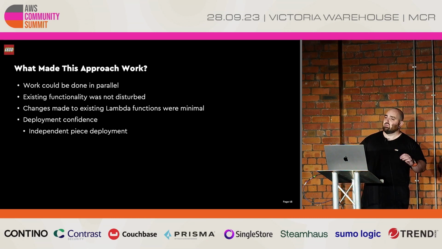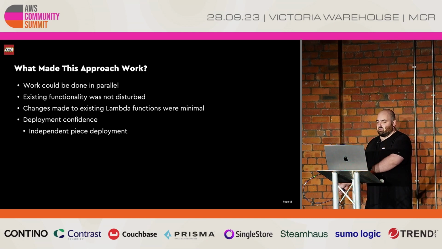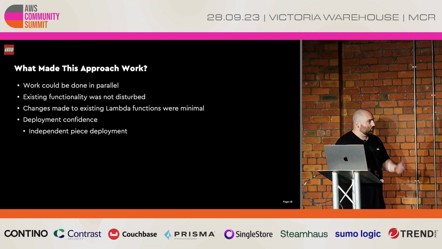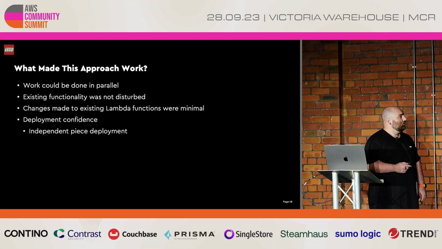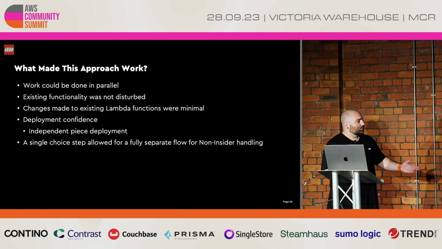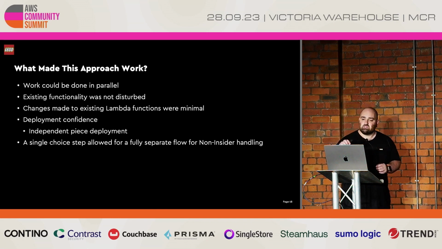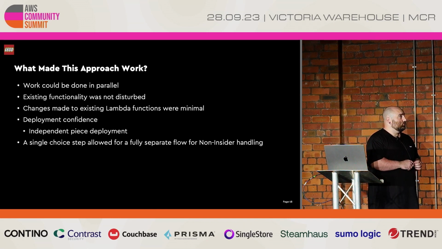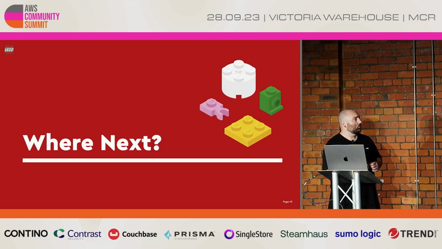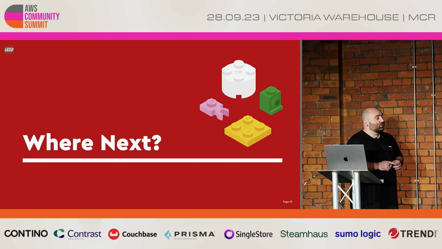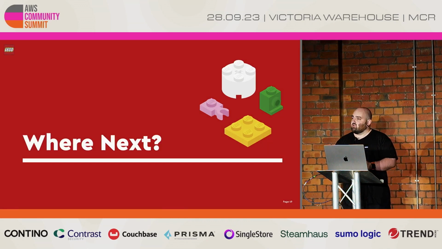So we didn't have to build it all off in the corner and then just go, surprise, one day, to the big step function and upload it all in one go. So that was really key and really handy as well. So, like I said before, this single choice step allowing for that full separate flow was something that really made this approach work too. So where are we going next in terms of our step functions and our order processing?